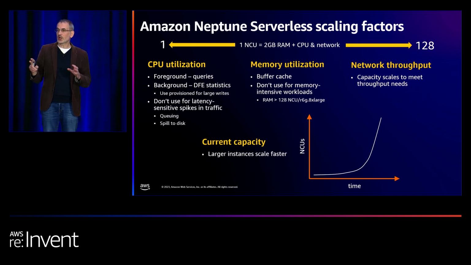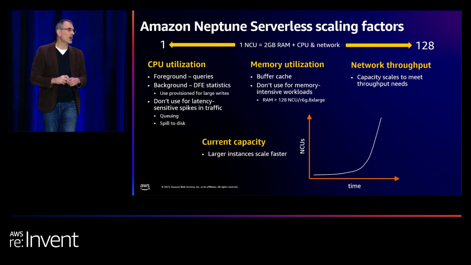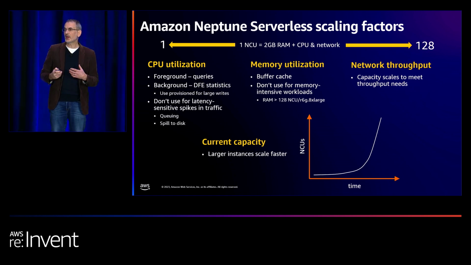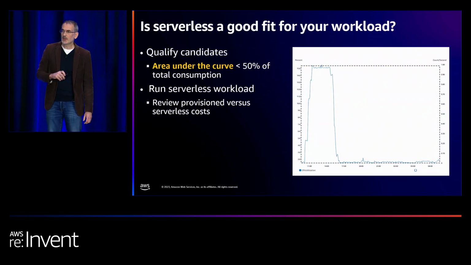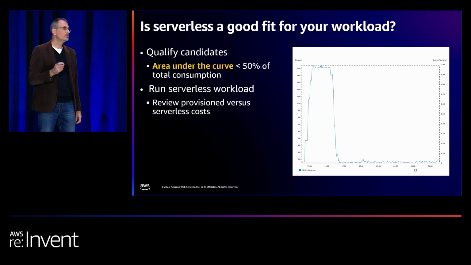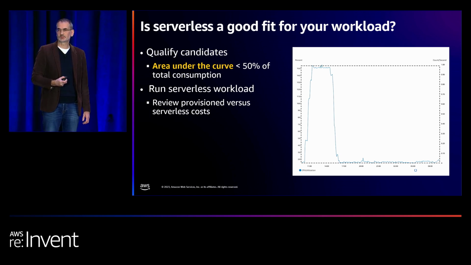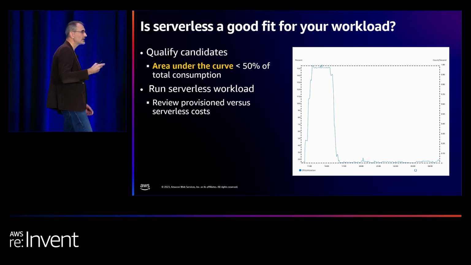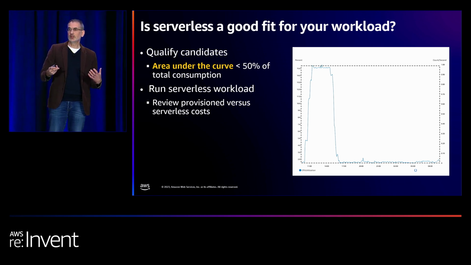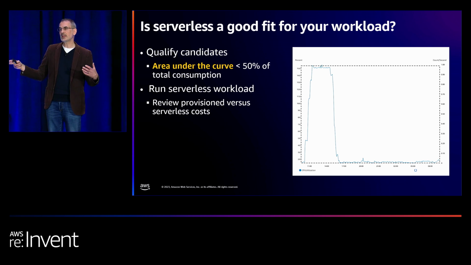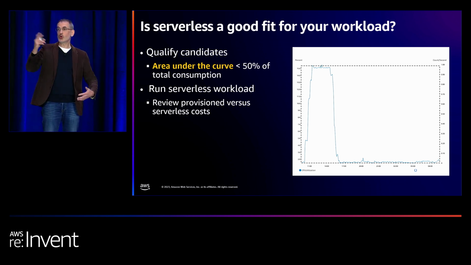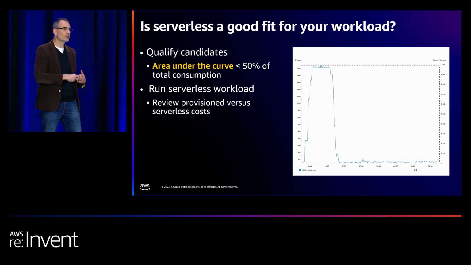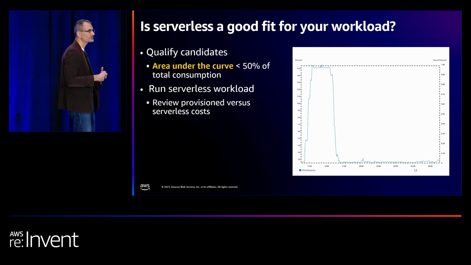But assuming that your workload isn't constrained in any of those ways, how can you tell whether Neptune serverless is genuinely a good fit for your needs? Well, it's partly trial and error, but there is a bit of method to it as well. So what we recommend is take an existing workload and look at the CPU utilization metrics for a period of time, for a duration that represents all of the variability in that workload, all of the cyclical behaviors, things like that.